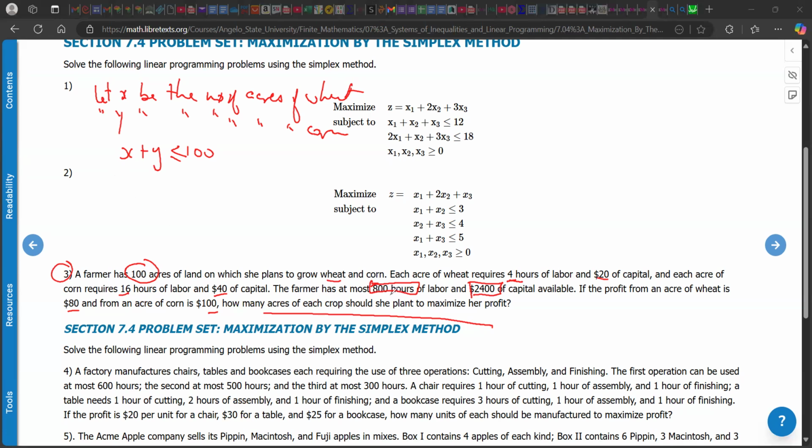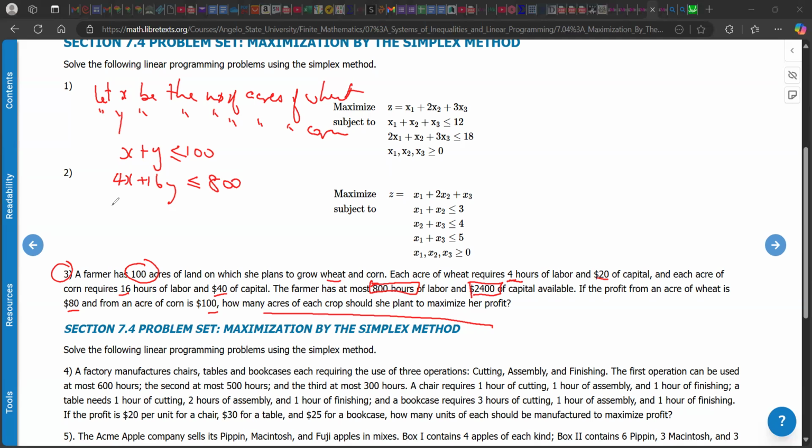But he only has 800 hours. So we go with 4x plus 16y. That's all the time. If he plants X acres of wheat and Y acres of corn, the cap will be 800, right?